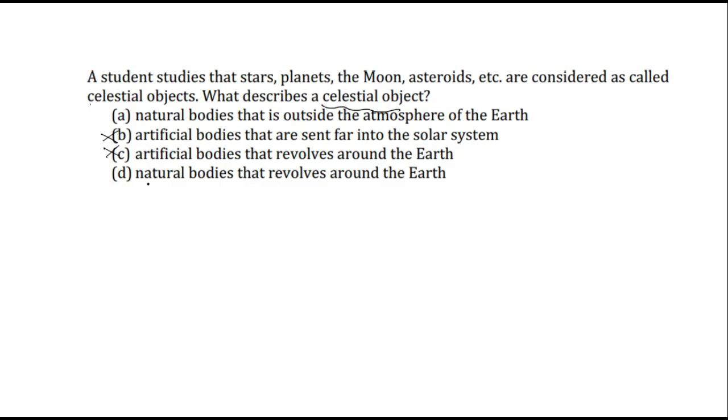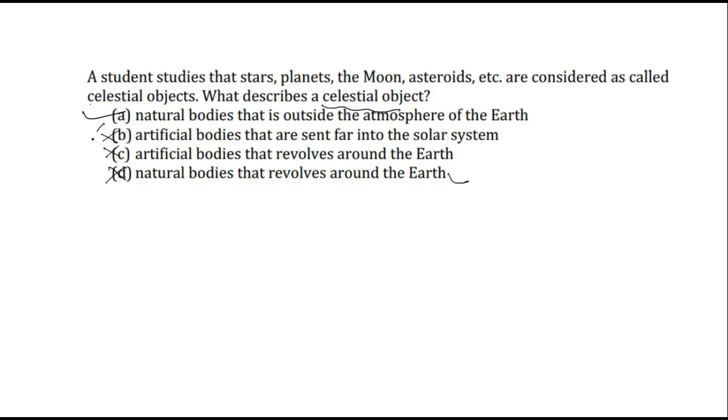Now the next one is natural bodies that revolve around the earth. No, because they are either planets or natural bodies revolving around the earth, he said. It's the moon. Okay, so the first answer is correct: natural bodies that are outside the atmosphere of the earth. Right?